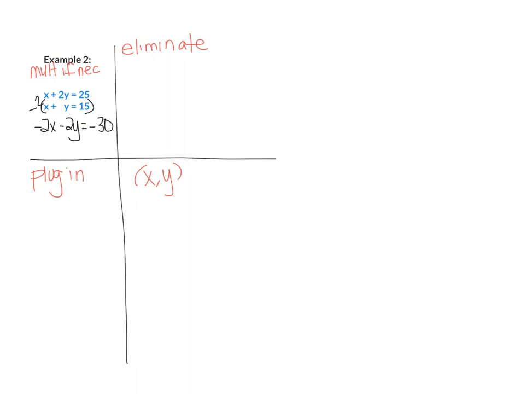Now I'm going to move on to step number 2, and I'm going to rewrite both equations. The first equation did not change, so I have x plus 2y equals 25. The second equation did change, so I'm going to rewrite the new equation. I have negative 2x minus 2y equals negative 30.